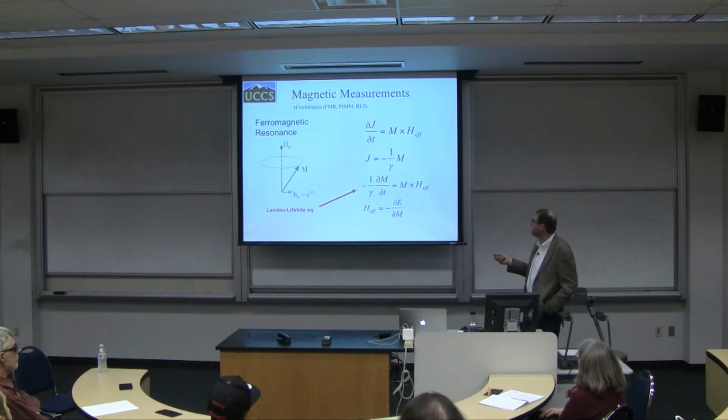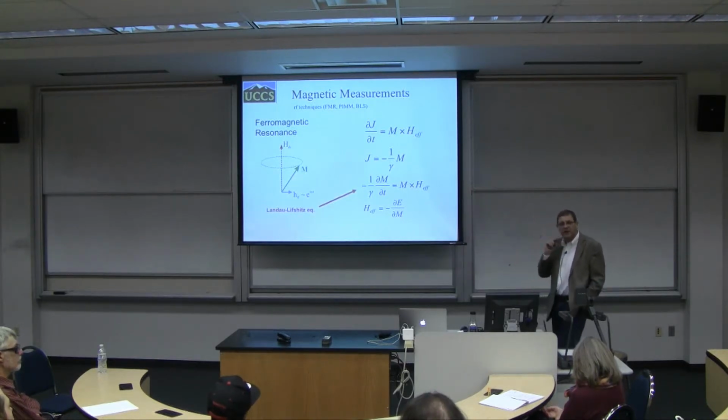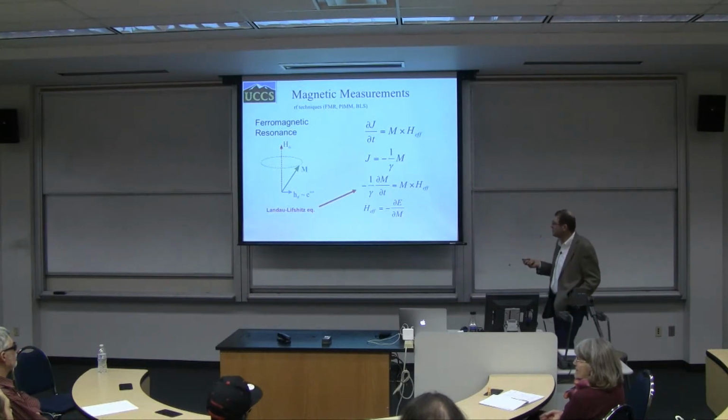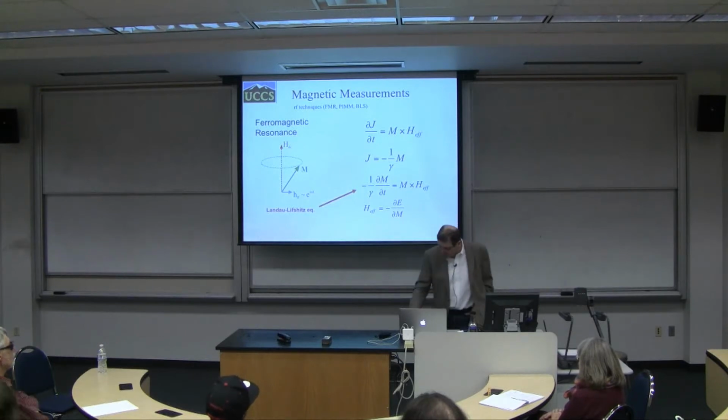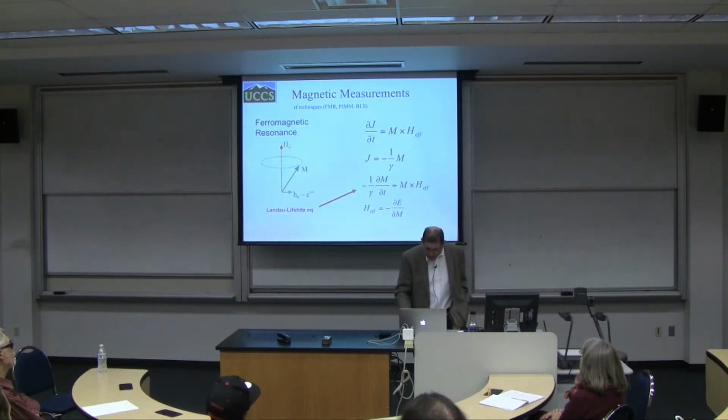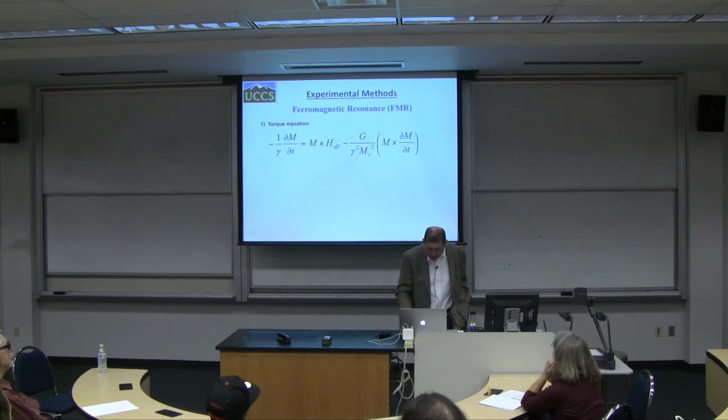What is happening is this cone angle is quite constant, for the reason that there is damping in the system. In other words, the damping wants to bring this magnetization along the direction of the applied field. So the damping is a very important parameter which we have to keep in mind when we do these studies.